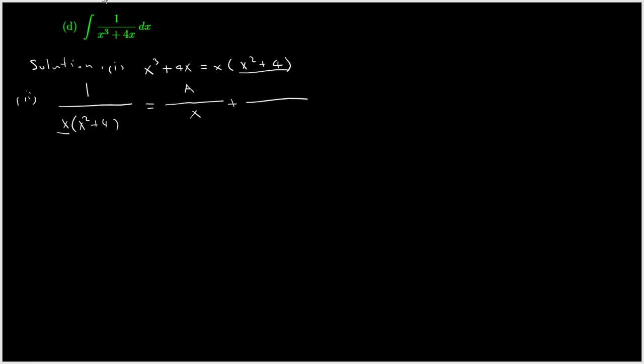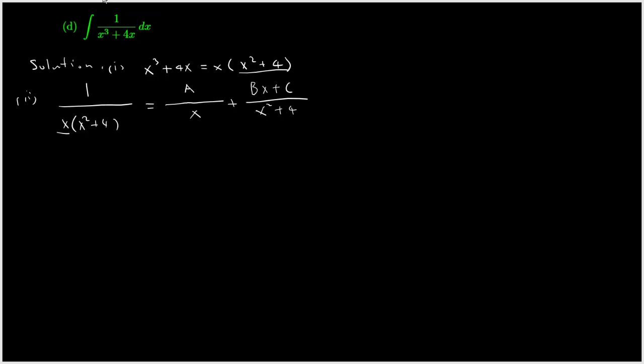Corresponding to the irreducible quadratic factor x squared plus 4, you have x squared plus 4 in the denominator. Do not forget the numerator. Anybody want to suggest a notation for the numerator? Bx minus C, yeah, Bx plus C. I'm just checking if you remember the numerator has to be a linear function.